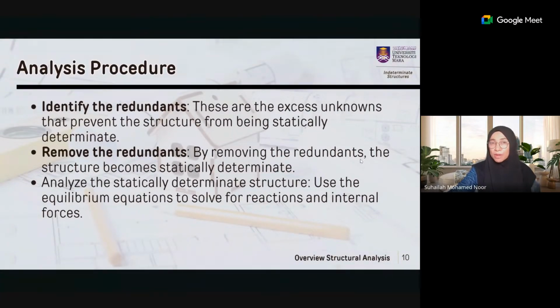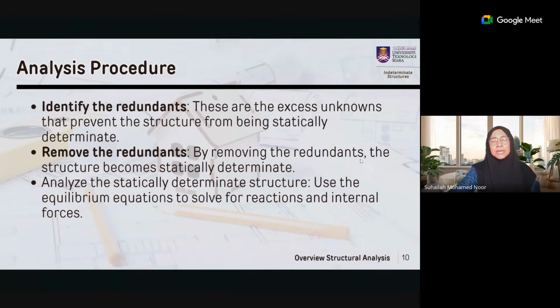So if we have fixed support and want to remove 1 from fixed, it will become pin. To change from fixed to pin means that we have to remove moment, so that after we remove moment, it becomes pin.